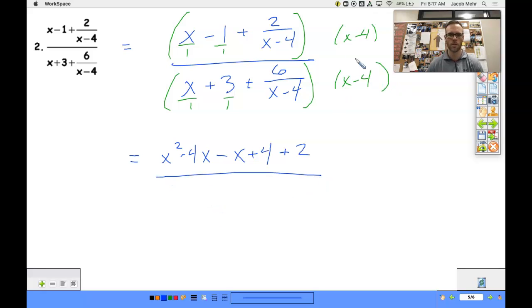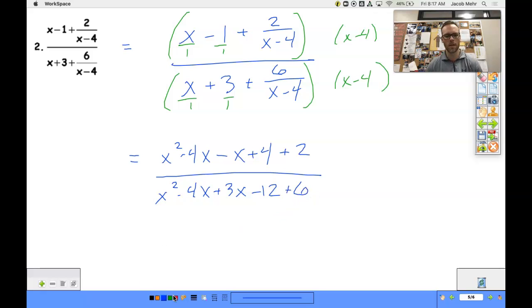Over. Distribute. x times x minus 4 is x squared minus 4x. Plus 3 times x minus 4, 3x minus 12. And x minus 4 times 6 over x minus 4, the x minus 4's would cancel, plus 6.